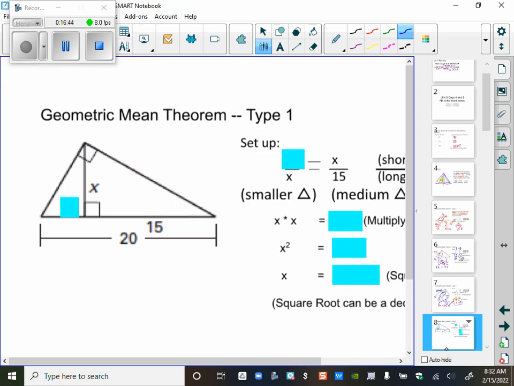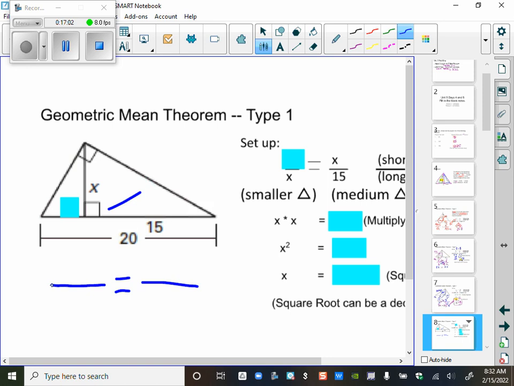Oh no, we still have one more. Okay, we still have one more. That's fine. Even though here, this one has a few more blanks.